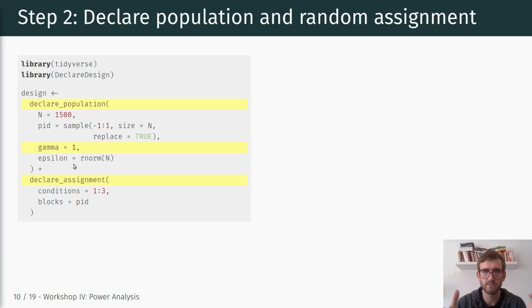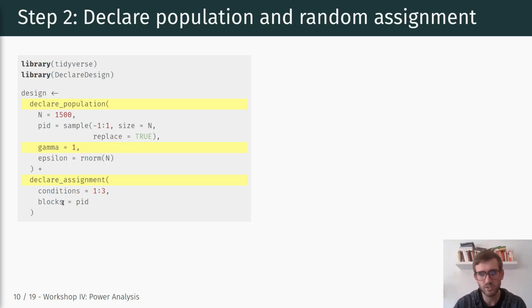All the exogenous variables are in there, and then the second component is declaring the random assignment, right? So these are the treatment conditions that we're assigning. Okay, we have 3 different treatment conditions. One control, one positive, and one negative.